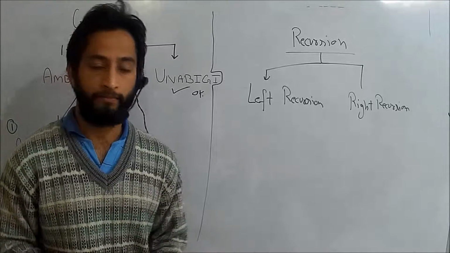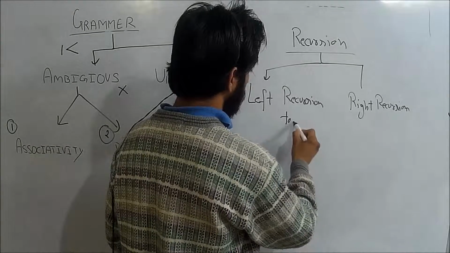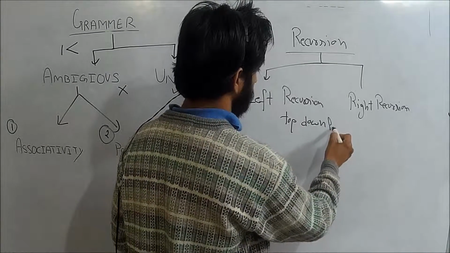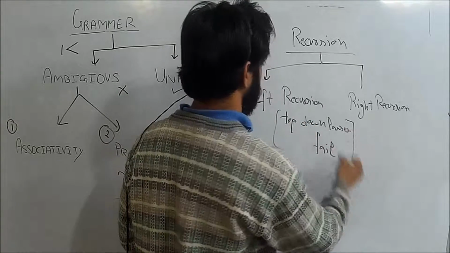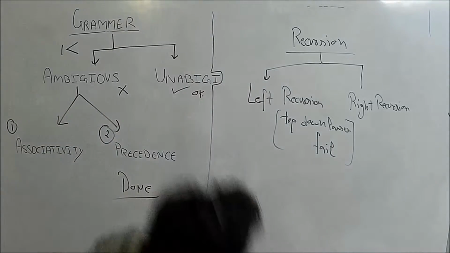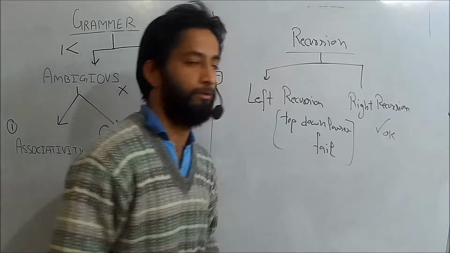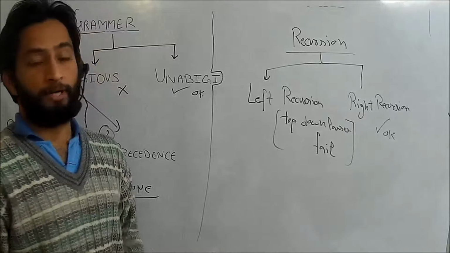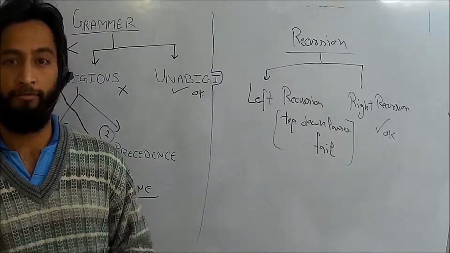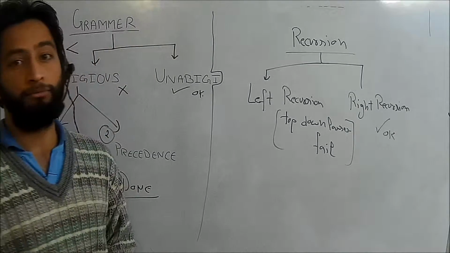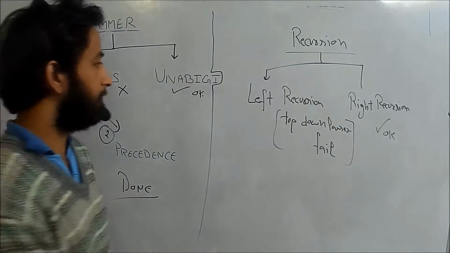If the grammar has left recursion, then mostly the top down parser fails in this case of left recursion, but in case of right recursion it is okay for the parser. So if a grammar has left recursion, first of all we have to identify that the given grammar has left recursion, and if there is left recursion, then we have to resolve that left recursion. Let us understand all this with the help of an example.